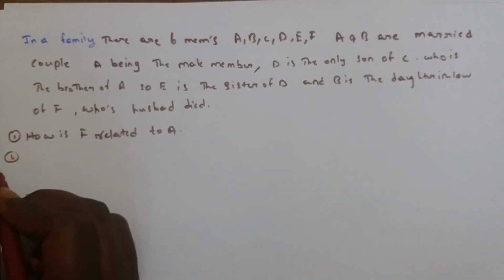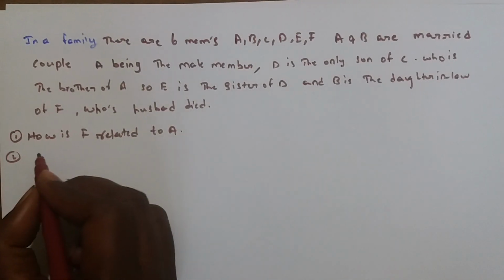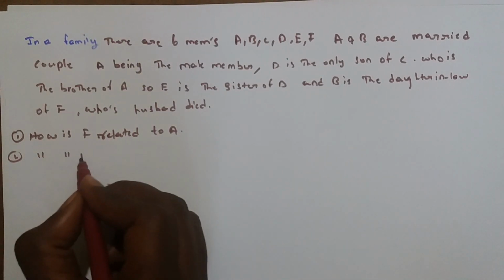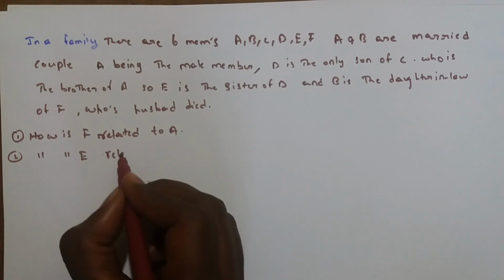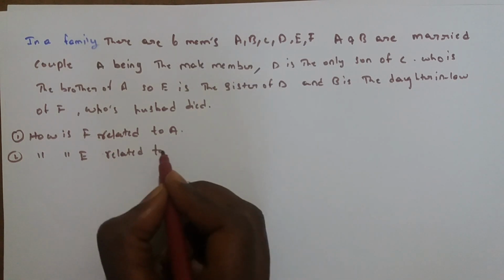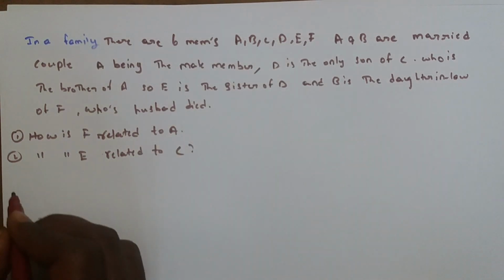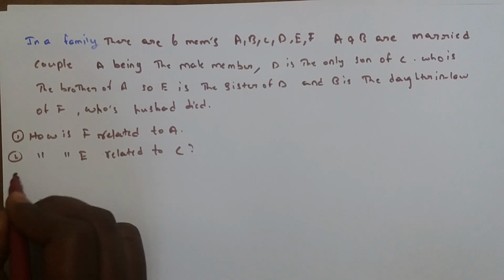Now the questions here are: first, how is F related to A? Second, how is E related to C? Third, how is C related to B?